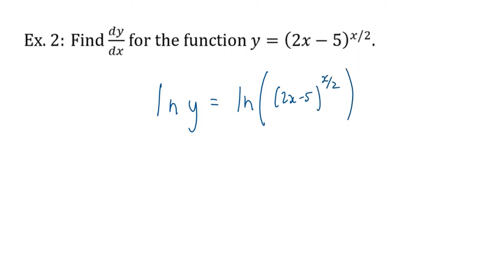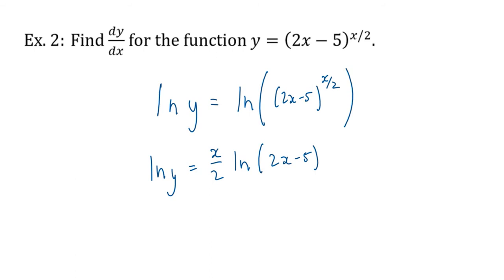And if you remember, the whole point of this is I can use logarithmic rules to get x over 2 out in front. And now this is actually something I can take the derivative of, because before it wasn't. If I had an x in the base and in the exponent, there's no other way to do this that we know of. But now this is something I can take the derivative of.